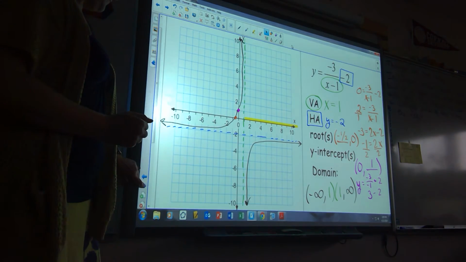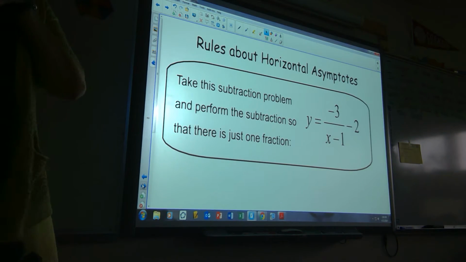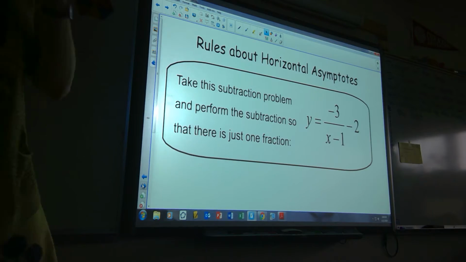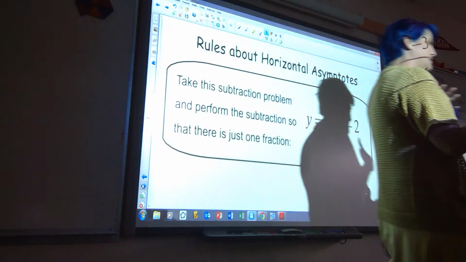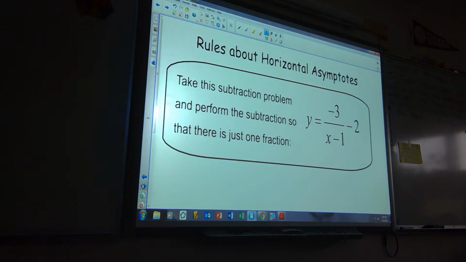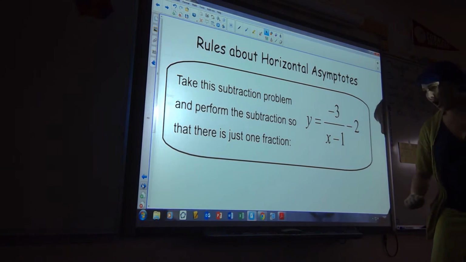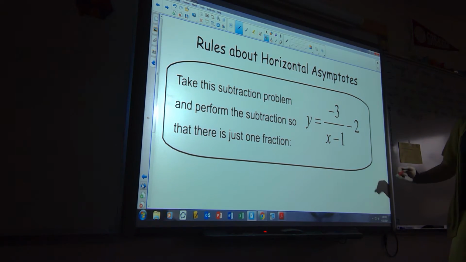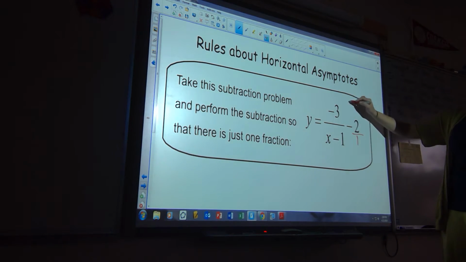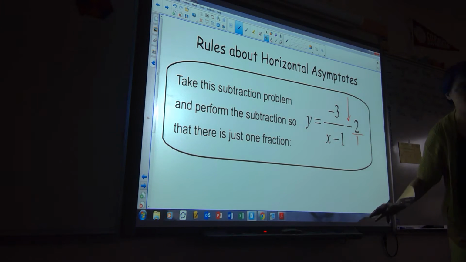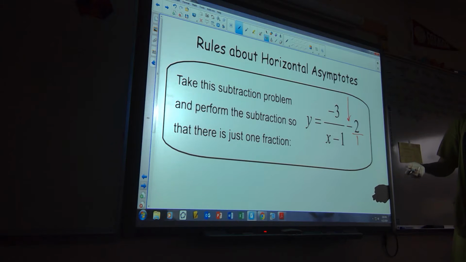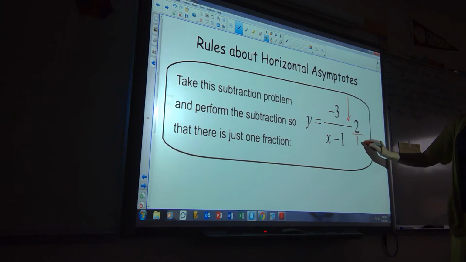All right, so take a look at this equation, which is the one we just graphed. This is kind of like a subtraction problem in waiting, right? You've got a fraction minus a whole number. I want you to take a minute and perform that subtraction. So there's space right here. I'll help you get started. You're going to need a common denominator. That common denominator would be x minus 1.